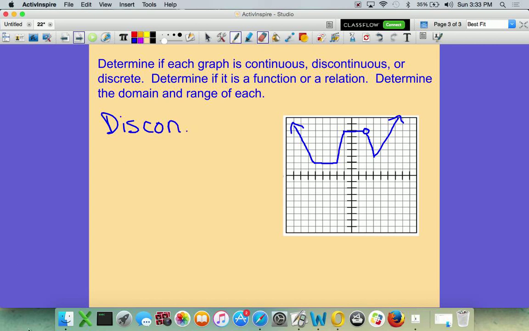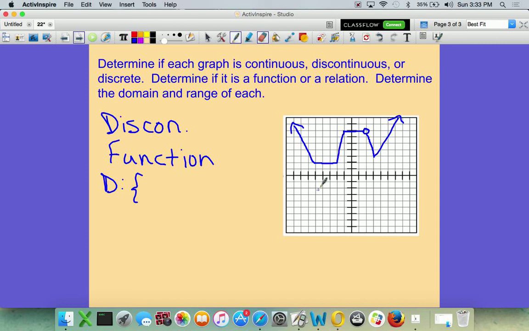Is it a function or a relation? We already did the vertical line test, so it is a function. Determine the domain and range of this. What are all of the x values that work? Say we start right here and go to the left. -1 works, -2 works.